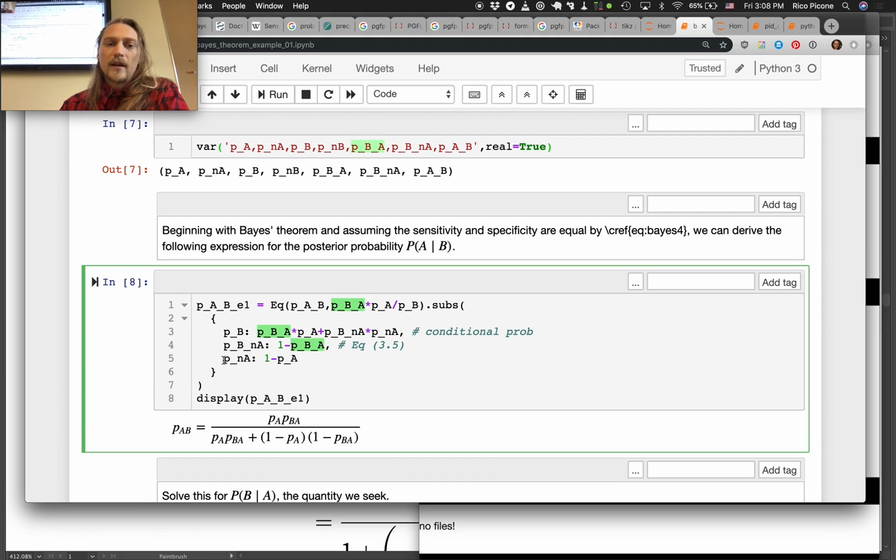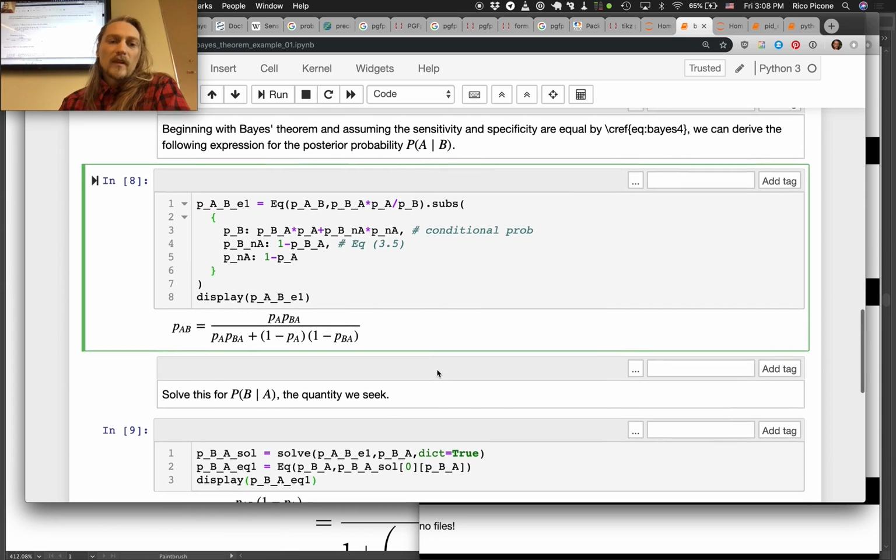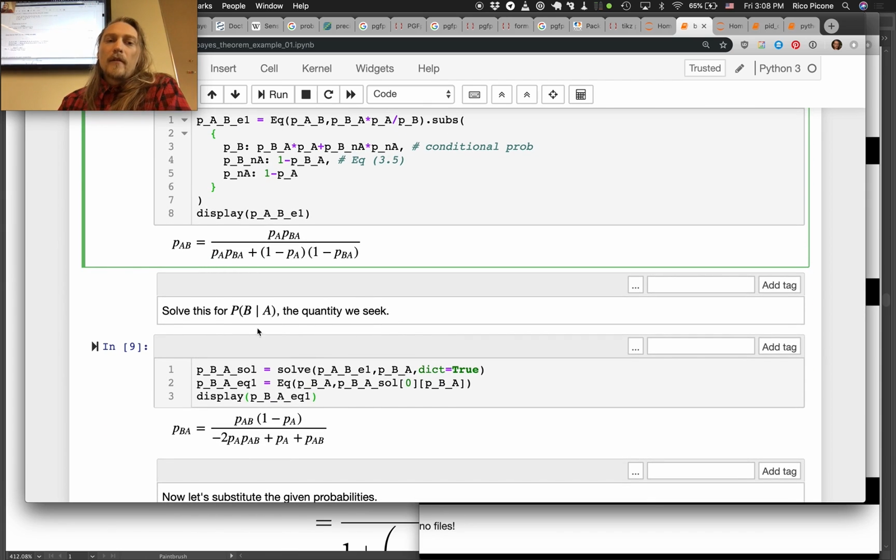And then I said, if the probability of not A and the probability of A have to equal 1, then the probability of not A is just 1 minus the probability of A. And then I just substitute them in, and this is the expression that I have left. So I'm going to solve this for probability of B given that A, the quantity we seek.